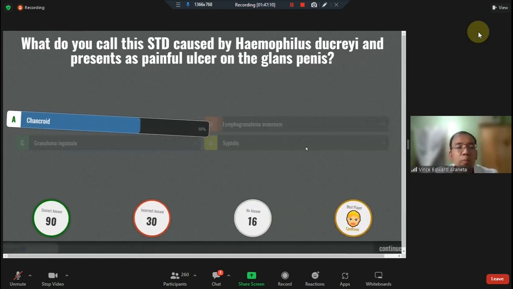Chancroid. The chancre is painless, while the one that's painful is the chancroid. I could remember this when I was still reviewing in CDB. Again, this is the wide range of questions that could appear, even if somewhat less likely, because these are cases that can be seen in the community or are a public health concern.